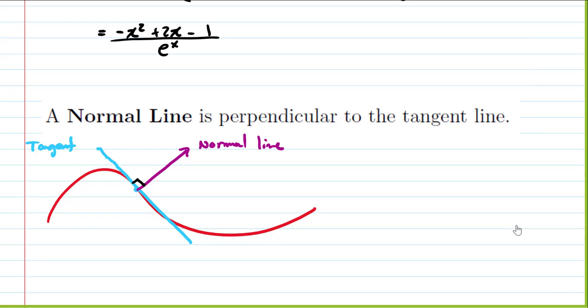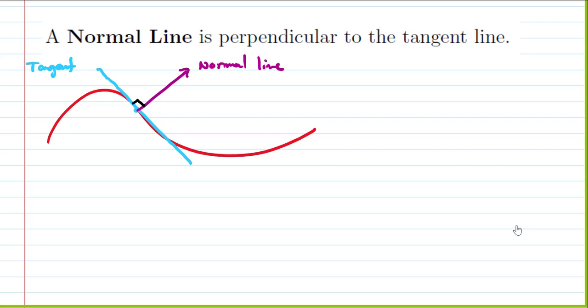So the normal line is perpendicular to the tangent line, or using the verbiage of calculus, it's perpendicular to the curve at that point, right? So it's at a 90-degree angle to that curve instantaneously. All right, so when we hear normal line, that's really what we should be thinking.